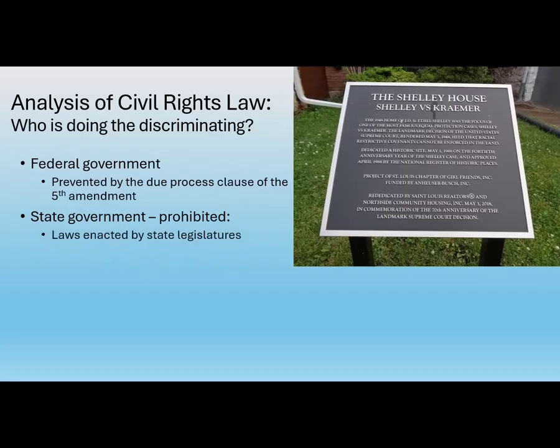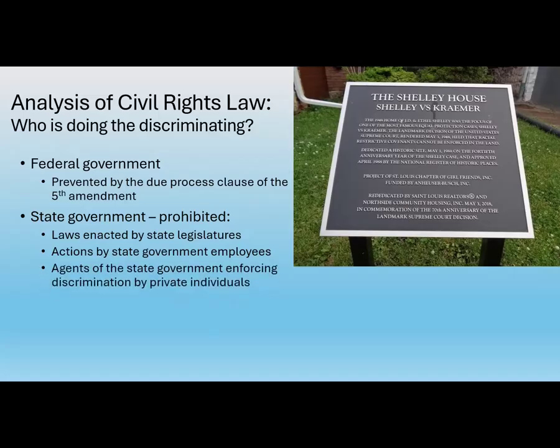State action includes laws enacted by state legislatures or administrative agencies, actions by employees of the state government in any branch, including state government employees enforcing private discrimination. When private discrimination requires the involvement of state actors, that involvement suffices as state action, and the 14th Amendment will apply.